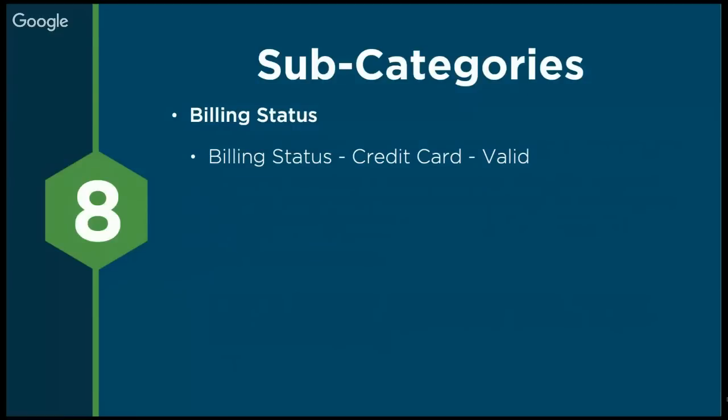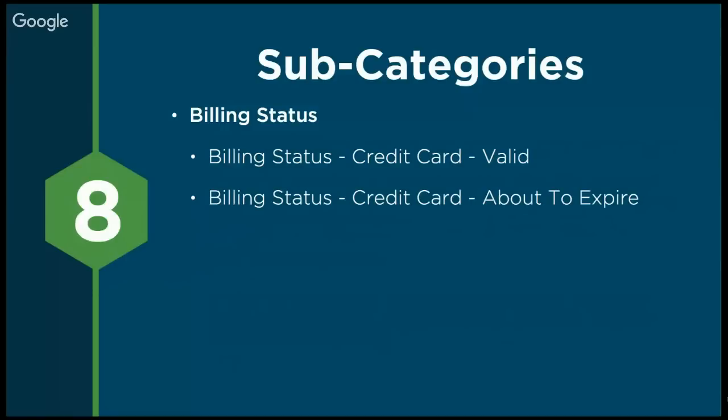So billing status dash credit card dash valid. Billing status dash credit card dash about to expire. And on and on. I might have a whole bunch of billing status tags and I want them to be together. So I call it a subcategory, even though there is no such thing, in the tag name so that all of those tags end up together in the list of tags in Infusionsoft.